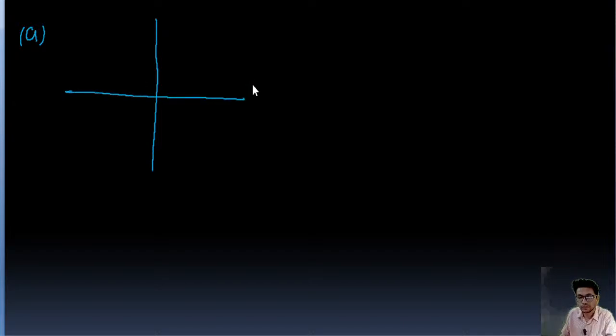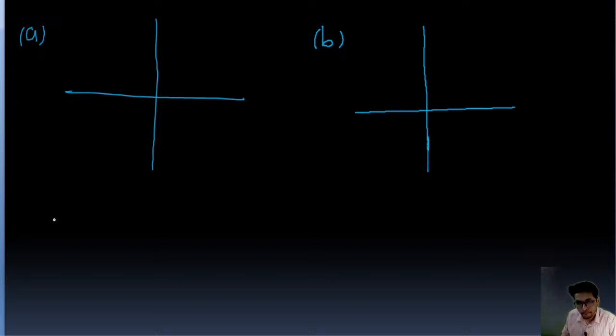Okay, so graph A is given like this. This graph B, graph C. Okay, so I'll make that, only this graph A, on the next page.